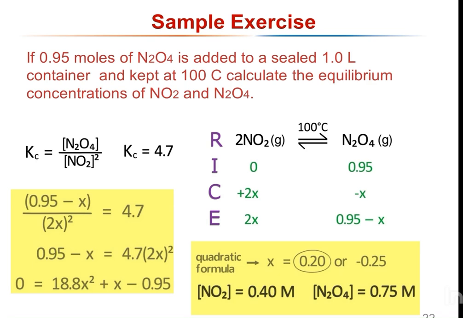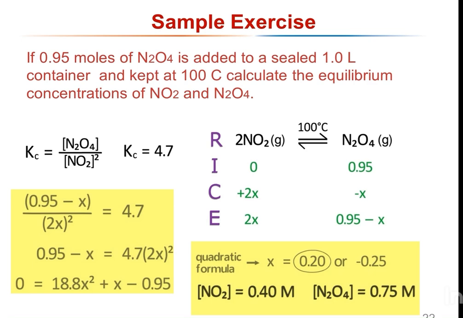But after a while, we will have 2x for NO2, and negative x, or minus x, removed from N2O4. And at equilibrium time, we have 2x, and the amount of N2O4 should be 0.95 minus x.